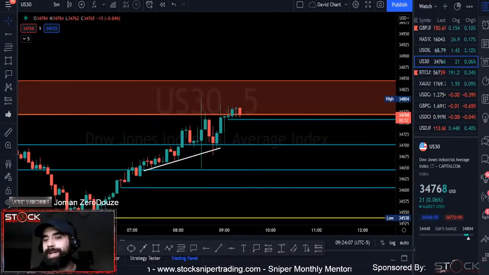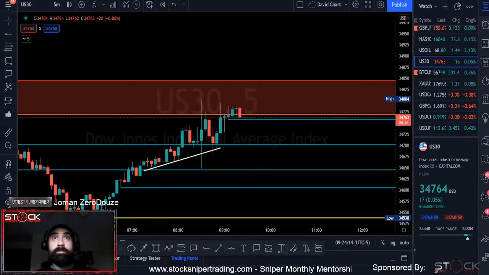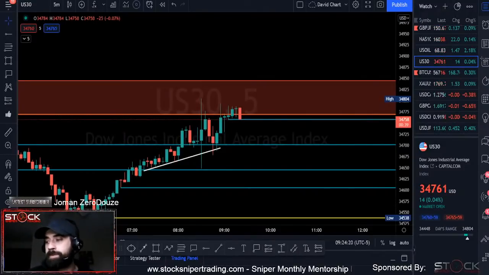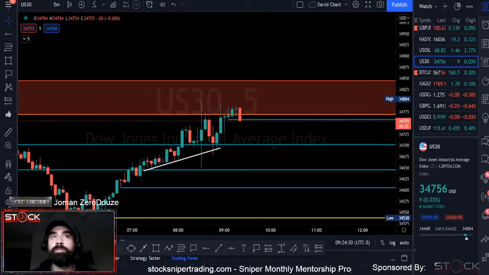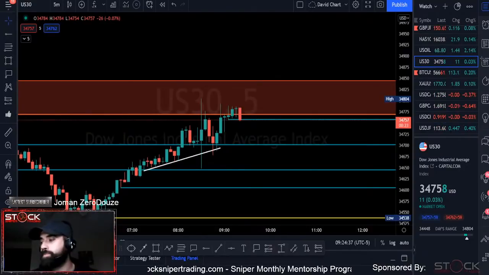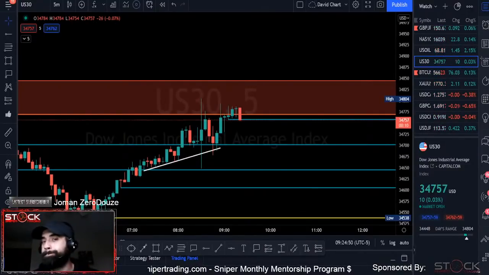This is going to be leading into your 9:25 candle here. 41 seconds left. 25 seconds left here. 8 seconds. Okay, they're still holding that support.